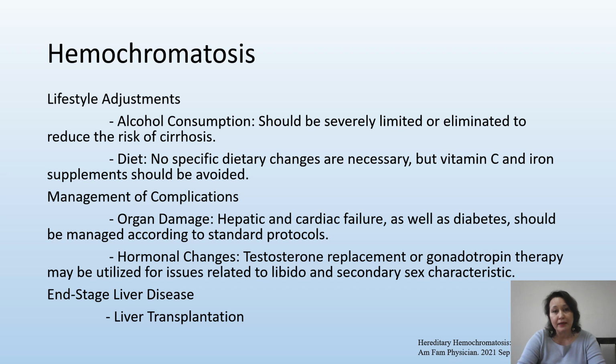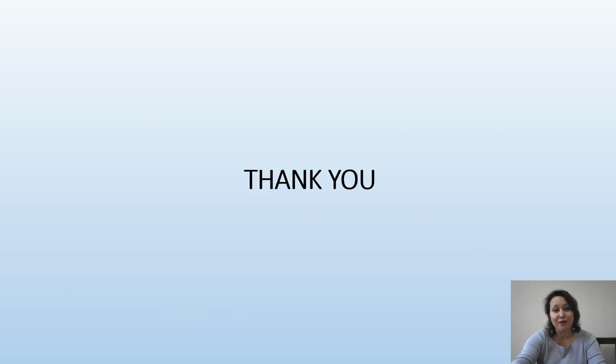We should treat other complications like organ damage, diabetes, cardiomyopathy, hormonal change, endocrine diseases, and liver disease symptomatically according to standard protocol, and think about liver transplantation in case of late diagnosis of hemochromatosis. Thank you for attention.